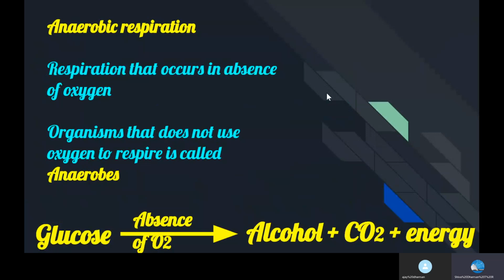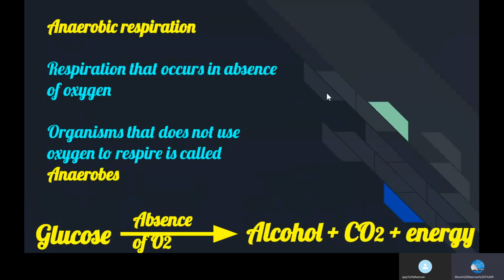In yeast, glucose breaks down into ethyl alcohol and carbon dioxide. The chemical equation for anaerobic respiration is glucose in absence of oxygen gives rise to alcohol plus carbon dioxide plus energy.